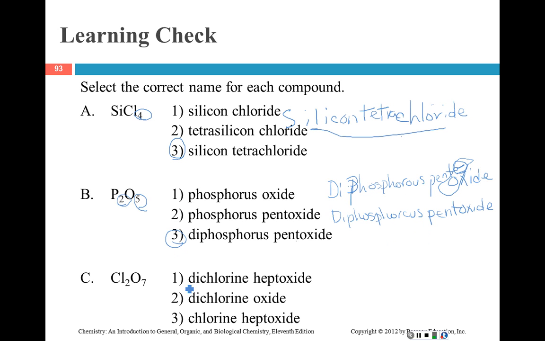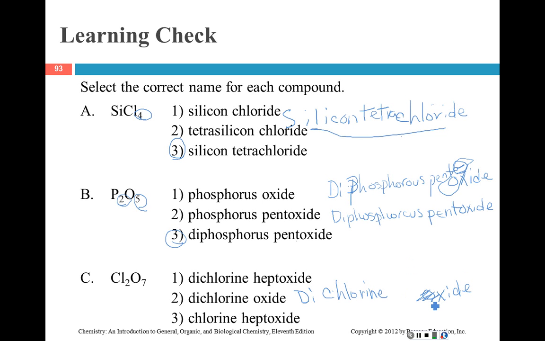All right, this last one, we have chlorine. Remember, it's going to be chlorine this time because it's the first one. And then oxide. And so we have 2 of these. So we have dichlorine. And then we have 7 oxygens. So it's going to be what?